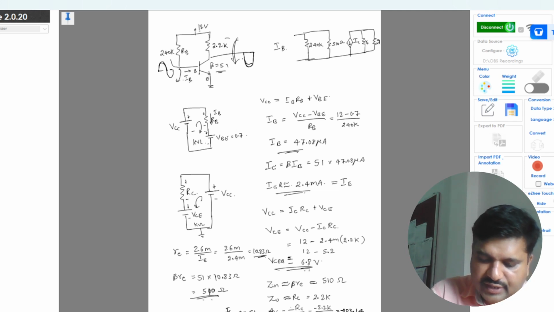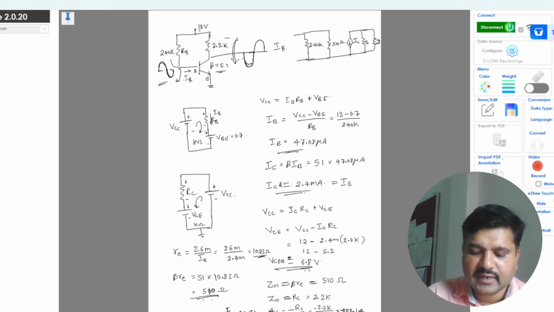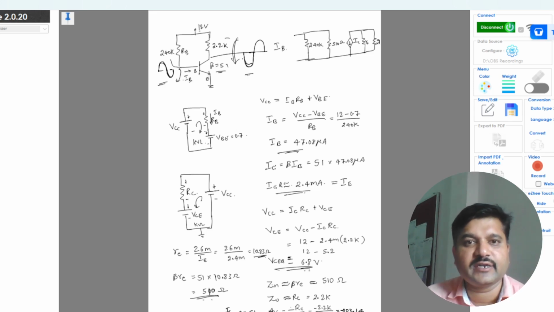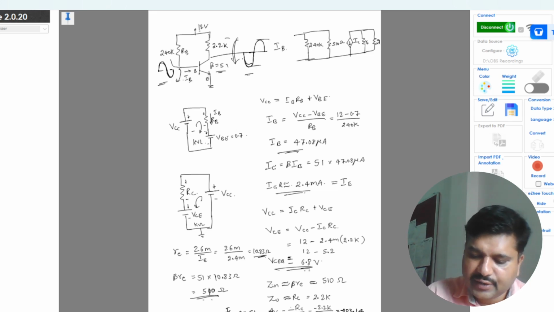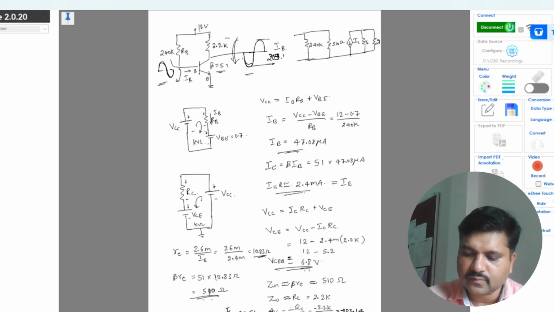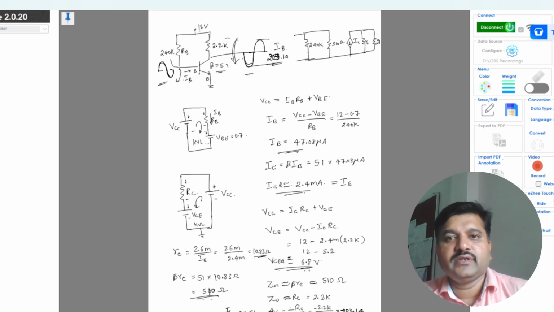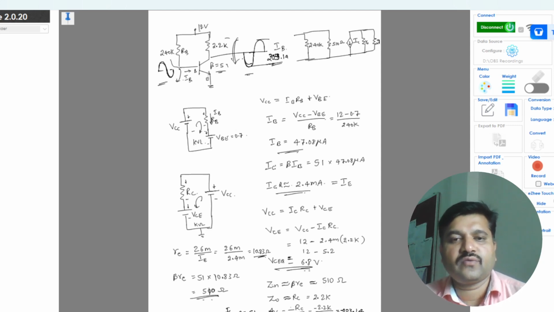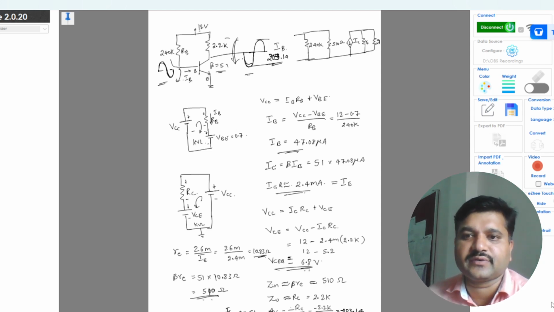So the output is out of phase with respect to input, and the magnitude of the gain will be 203.14 times the input. So this is the small signal model for the fixed bias common emitter configuration circuit.